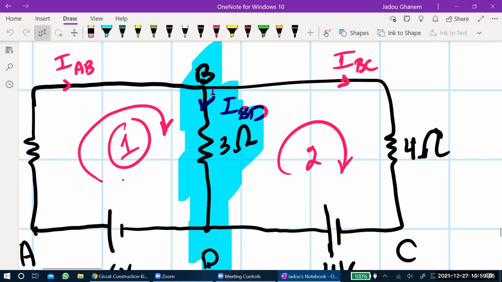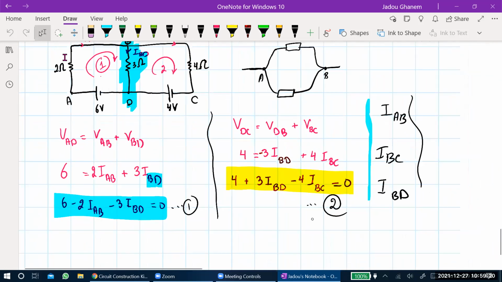This is the junction that I'm talking about. At this node, the current entering is IAB only. The currents leaving are IBC and IBD. These two currents are leaving. So the main current is IAB. Yeah, so the sum of them is equal to IAB.